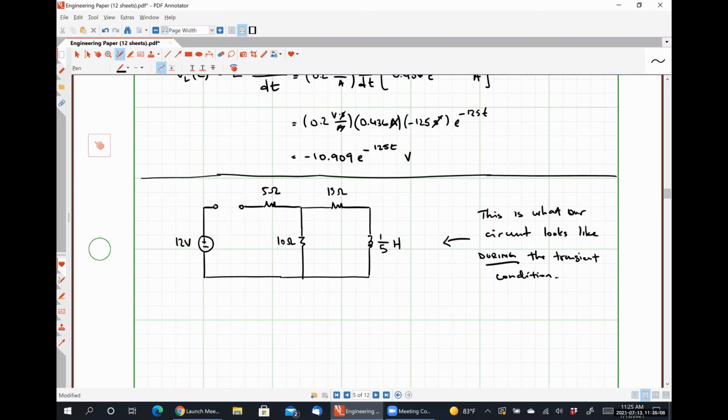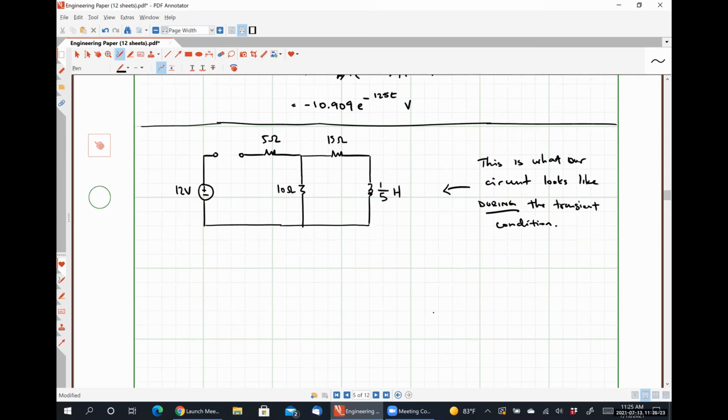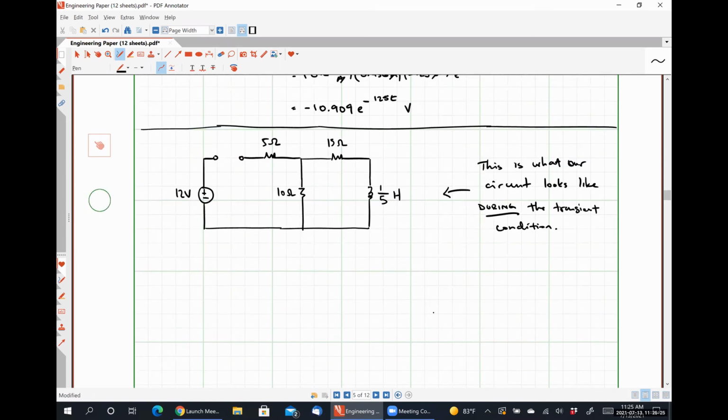So for all points in time after our switch has opened up, this is what our circuit looks like, okay? So what we are doing is we are really just trying to find the Thevenin equivalent resistance as seen by our inductor. All right. So does anybody recall how to find the Thevenin equivalent resistance as seen by a circuit element?